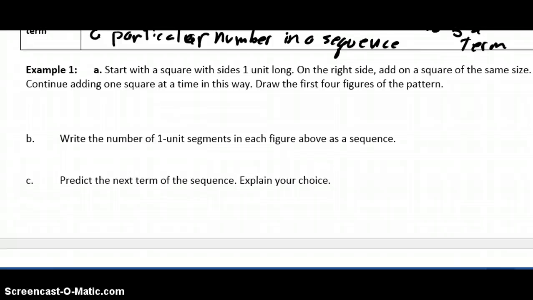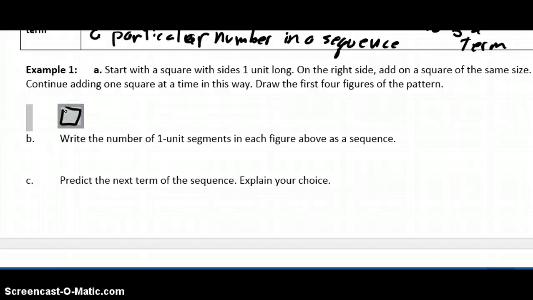Now, example 1. We're going to start with a square of 1 unit length, and we're going to add onto that square successive squares, each with 1 unit of length. So the first part, we're going to just try to create a pattern, and our first square should look something like this.